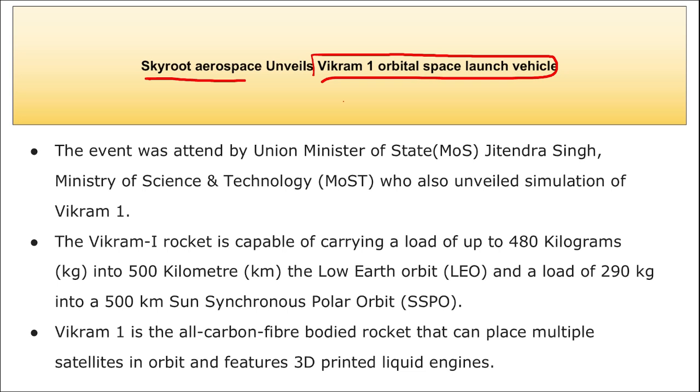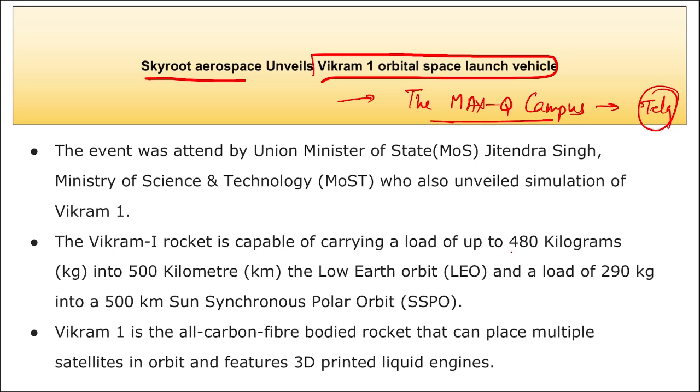I repeat, so this Vikram 1, where was this unveiled? It was unveiled at the headquarters, that is Max Q campus. And where is this located? It is located at Aerospace and Industrial Park in South Hyderabad, Telangana. So we can say in Hyderabad, Telangana, this was recently unveiled. Correct? That is your Vikram 1 orbital space launch vehicle.